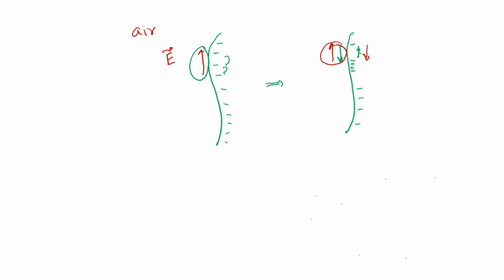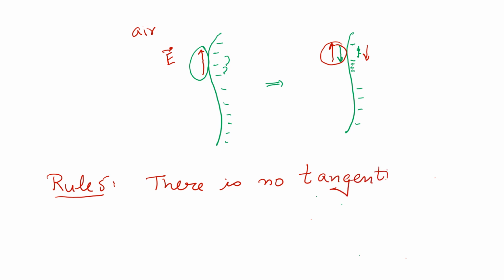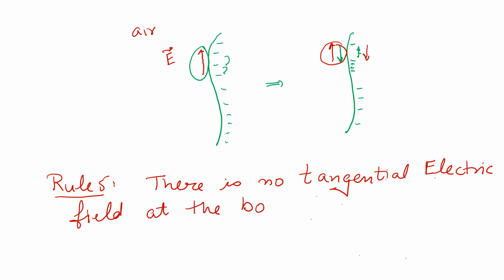So rule 5: there is no tangential electric field at the boundary of the conductor.